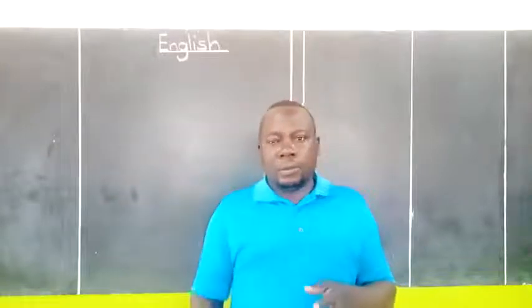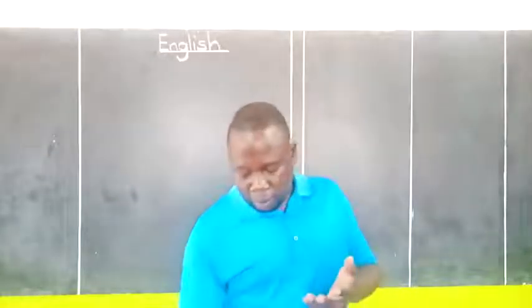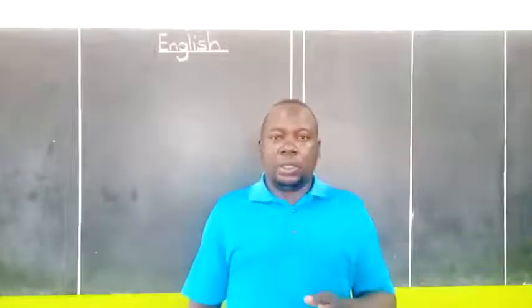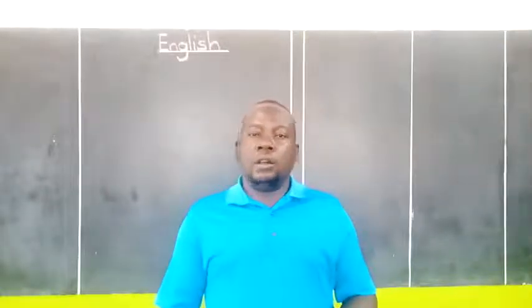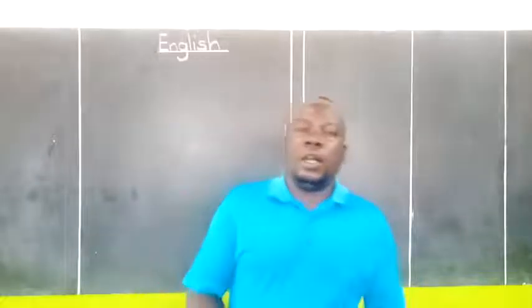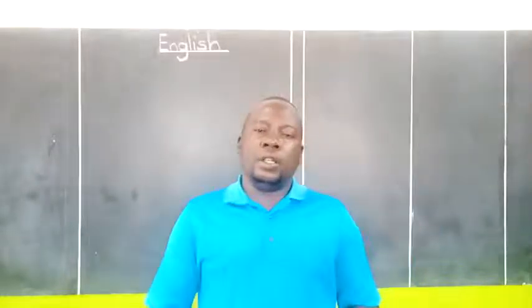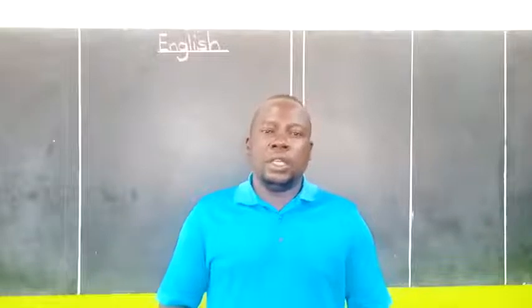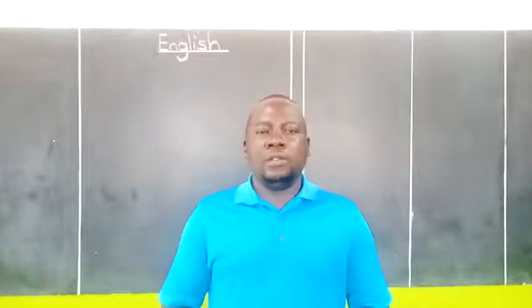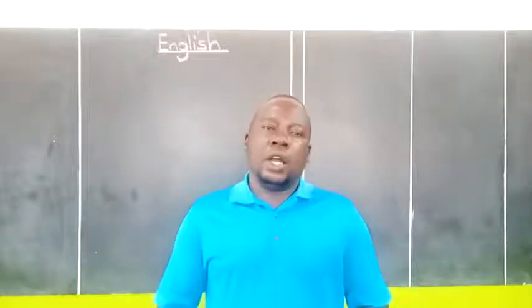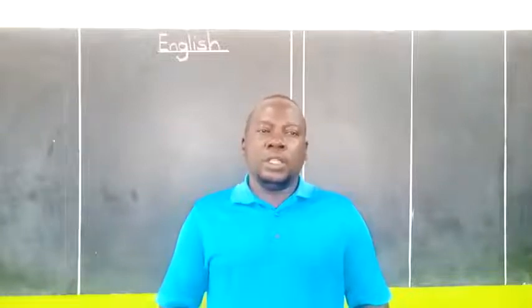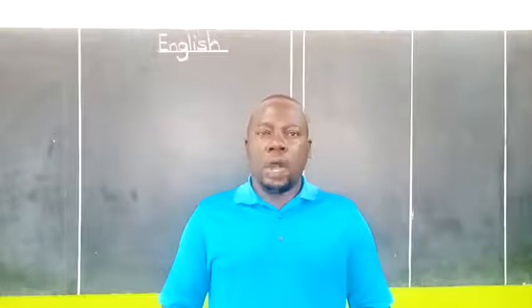Last time when I was here, we were looking at verbs. And we gave an explanation of what a verb is, and we said that a verb is an action word.